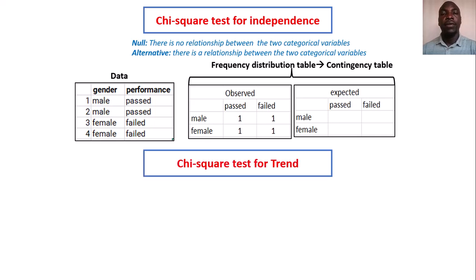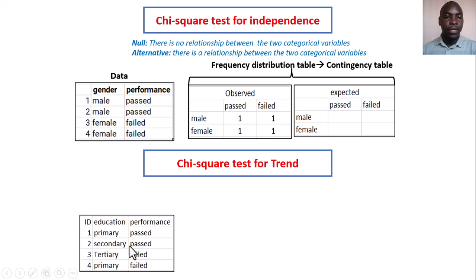We have the chi-square test for trend. Another type of chi-square test is the chi-square test for trend. And here we use an example of education as an ordinal variable, ordinal in the sense that there is some order in the responses of that variable.